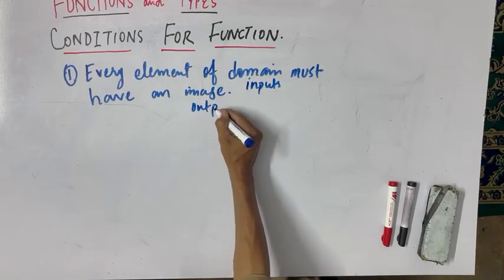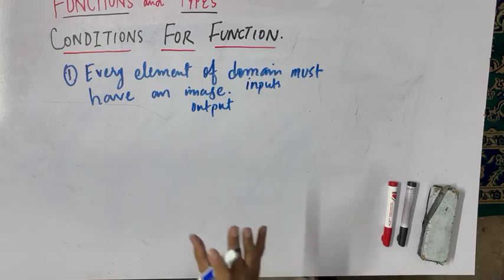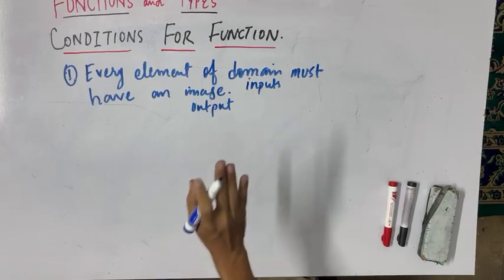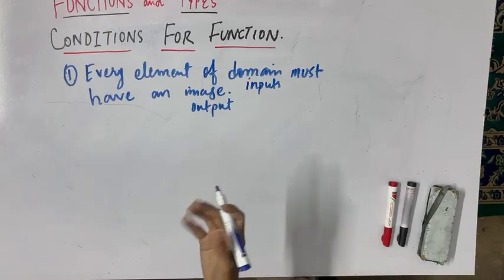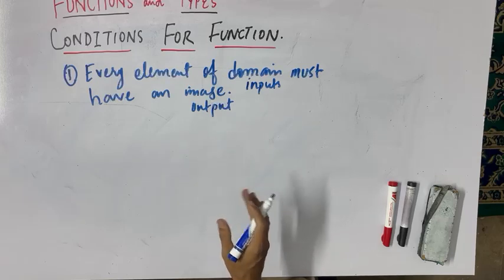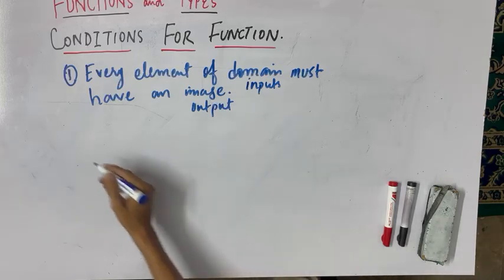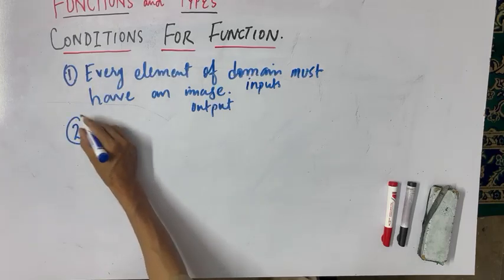If there is a machine and you are pressing a button and nothing is happening, there is an input but no output for it, so it will not be considered a function, or you will say it is not functioning, it is not working. This is the first condition.